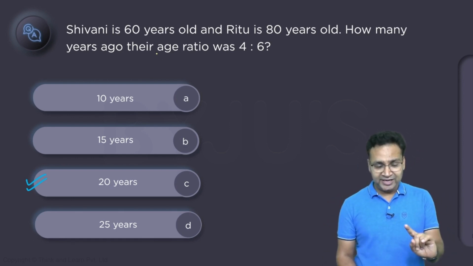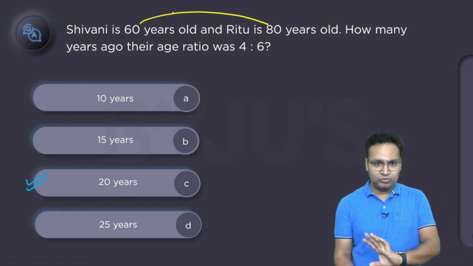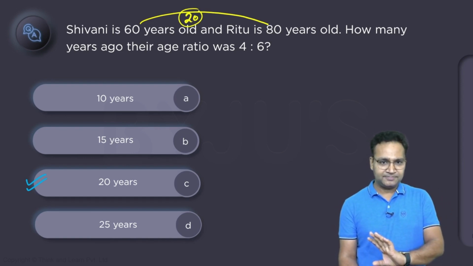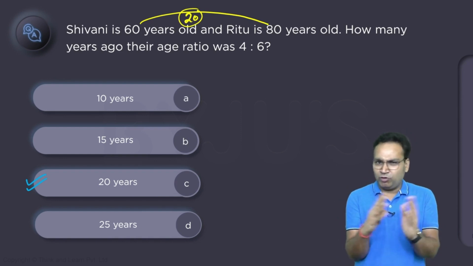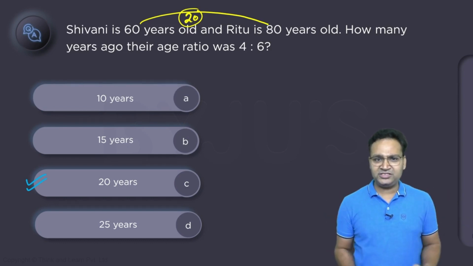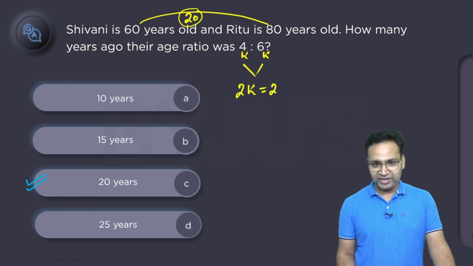So can I say the age difference between Shivani and Ritu is 20 years? That means after some years or before some years, whatever the scenario, the age difference will remain the same. So if this is 4K, this is 6K, the difference is 2K. That 2K is 20. So what is the value of K? 10.